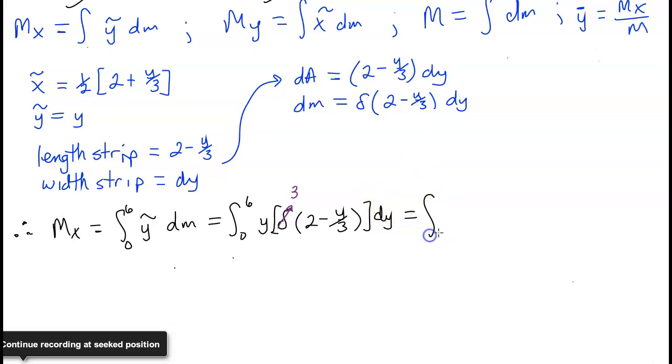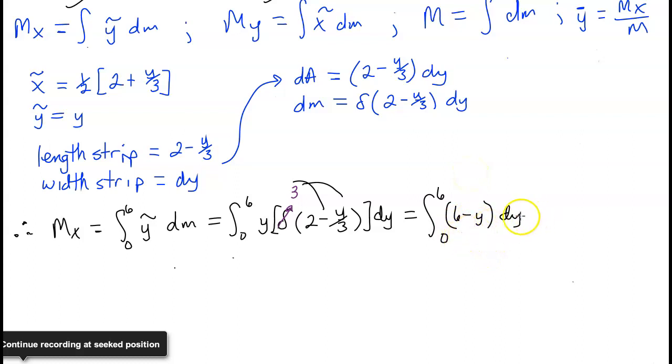So if we do that, then this will be the integral from 0 to 6, and if we multiply the 3 times both of those terms, this will just give me 6 minus y dy, okay?